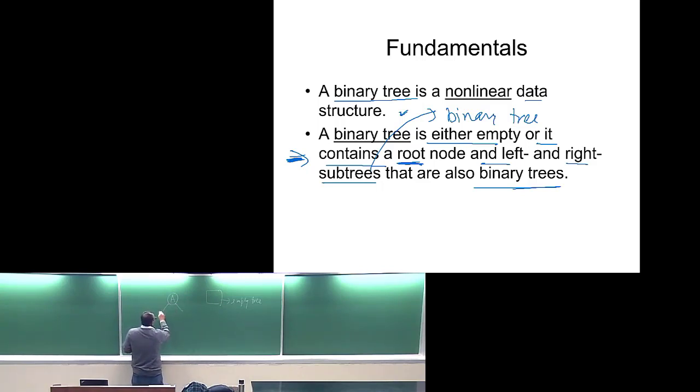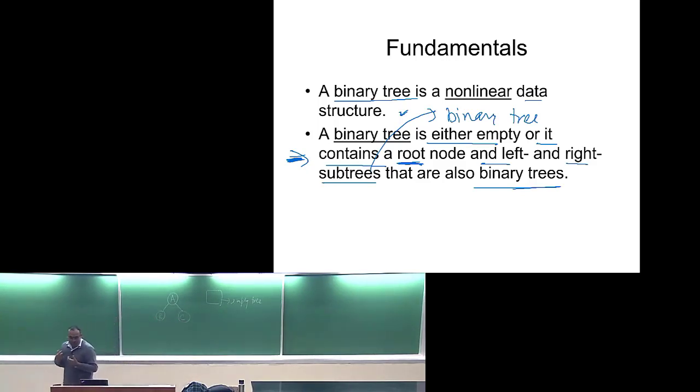Now let's think about a tree with more nodes, right? A, B, C. Here we can define this tree as a tree with this node called the root and two children, left child and right child. The left child is again a tree with just one node, which is B. The right child is again a binary tree with just one node, which is C, right?